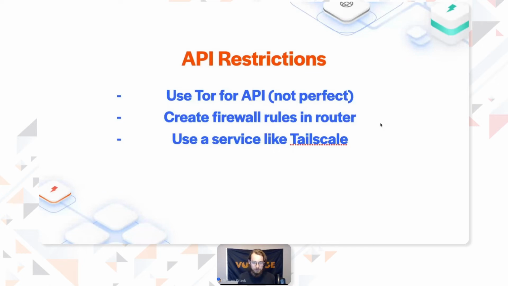It's more secure than poking holes in your firewall, but if someone were to discover your onion address, they would still be able to interact with your API. So it's not a perfect solution, it's more of an obfuscation technique than anything.